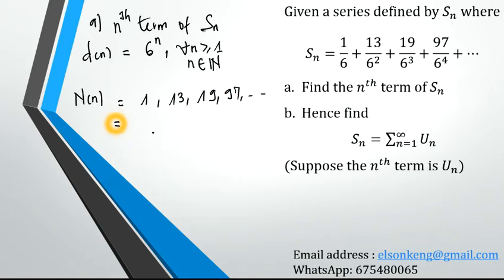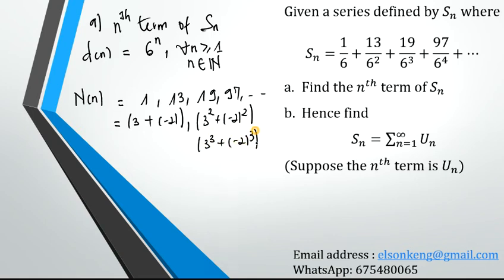So I'll write 1 as 3 plus negative 2. Now I'm going to write 13 as 3 squared plus negative 2 all squared. Following that, I'm going to write 19 as 3 cubed plus negative 2 all cubed, and so on and so forth.